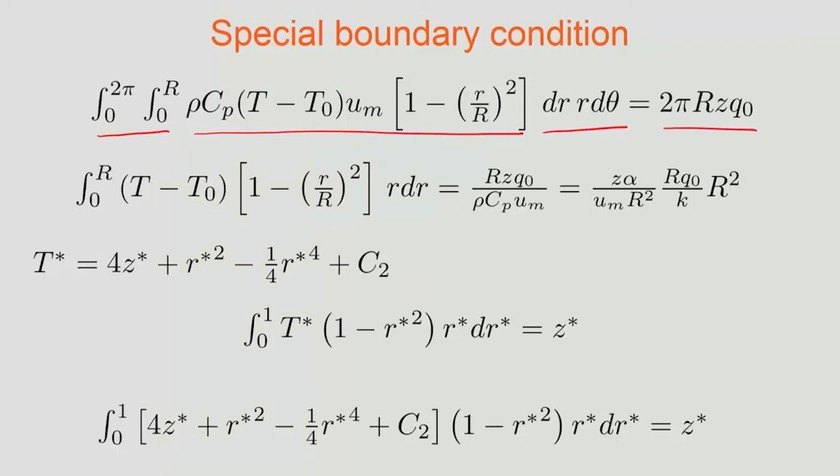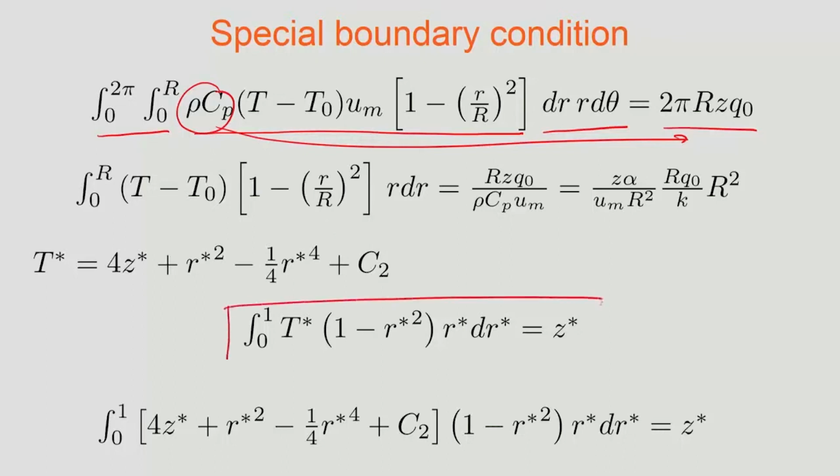So, when we then look at how this expression would look when we non-dimensionalize, it would simplify in the following manner. We take the rho Cp to the other side, so you put it in the denominator, and then we would see that the boundary condition we have written comes out to be a very simple one, which looks like this. Okay. Now, what we do is that we put the solution of T star in.